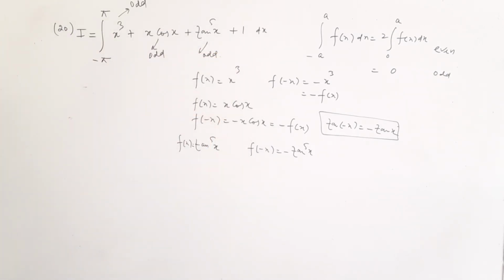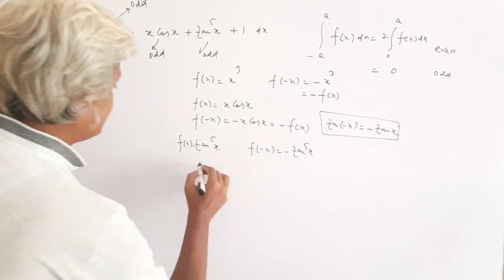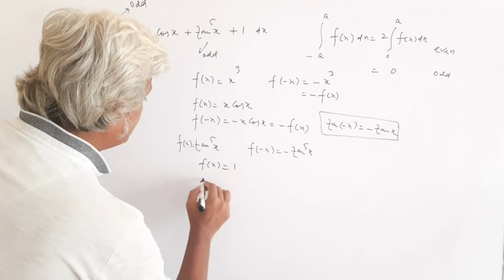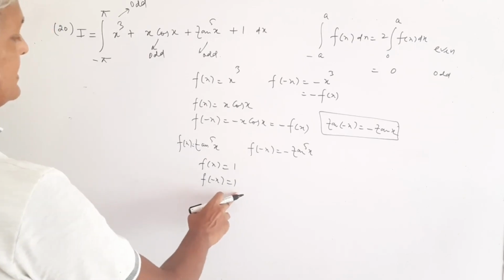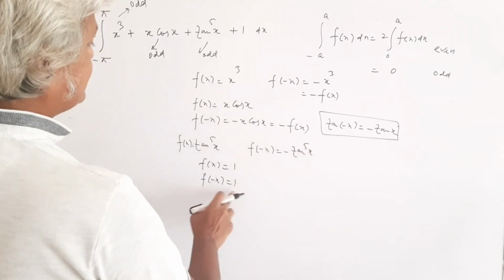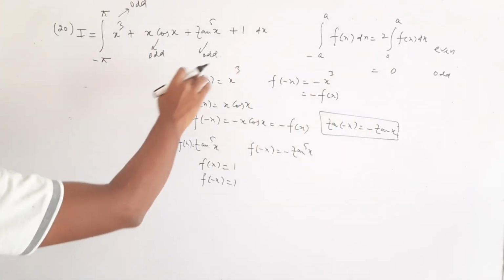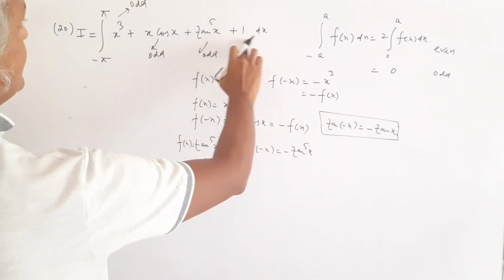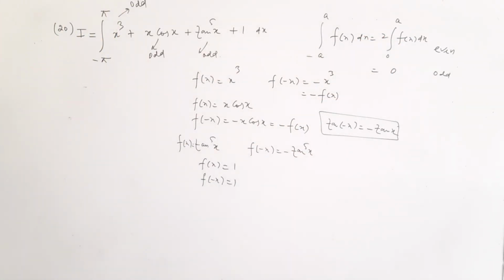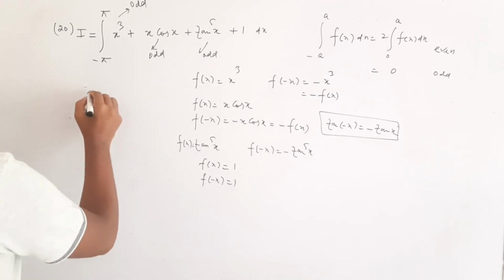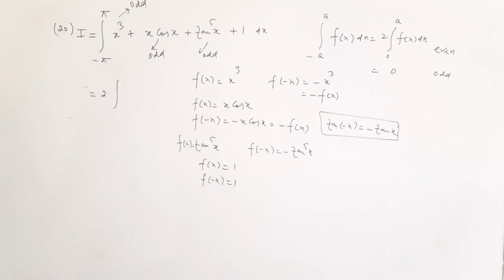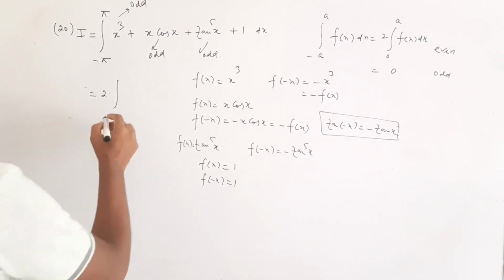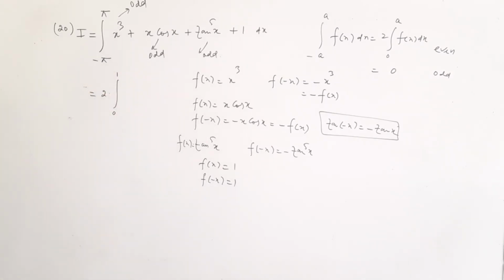Now what about 1? So f(x) is 1. If you write x as minus x, this will also remain 1. So f of minus x is just f(x), means this is an even function. So this will become 2 times integral 0 to pi.